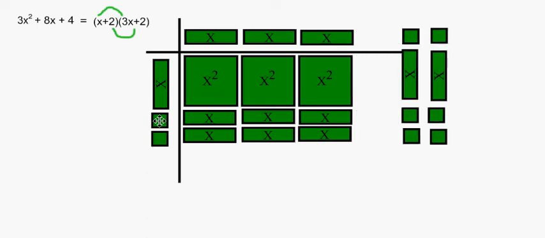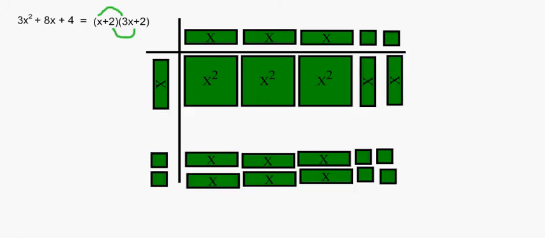So if I take my x plus 2 and multiply it by just my 3x, sorry, I had it the other way around. If I say my x multiplied by the 3x plus 2, here's my x times the 3x plus 2, and that's going to give me 3x squareds plus 2x's.